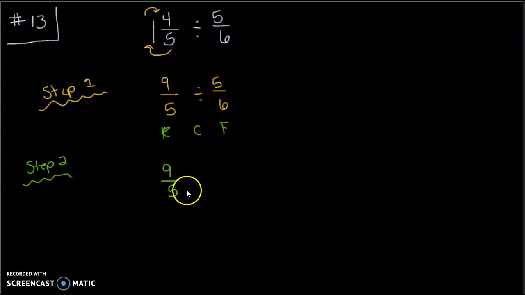We're going to change division to multiplication. And then we're going to flip. Instead of 5 over 6, it is 6 over 5. Now we can just multiply right on across. So we have 9 times 6, which is 54. And we have 5 times 5, which is 25.